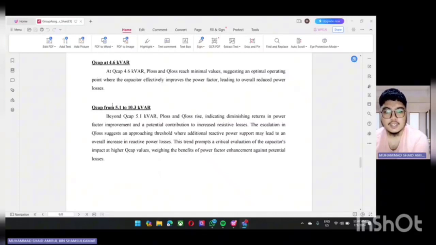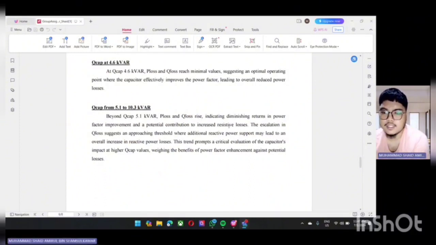And Q cap at 5.1 to 10.3 kVAR. Beyond Q cap 5.1 kVAR, P losses and Q losses rise, indicating diminishing returns in the power factor improvement and potentially contributing to increased reactive losses.